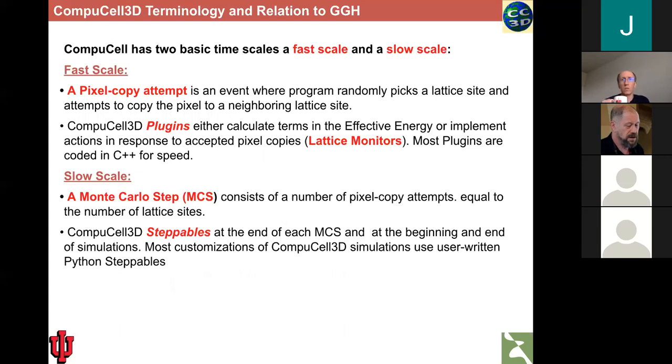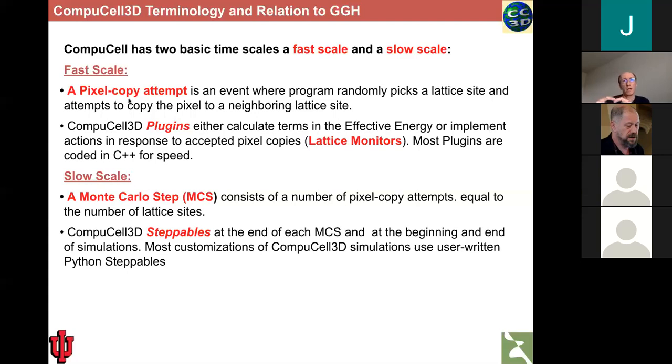So let's go over some terminology that you have probably encountered, but let me go over it again. A CompuCell simulation can be thought of as a simulation taking place at two scales: a fast scale and a slow scale. At the fast scale, we are talking about pixel copy attempts. We discussed this essentially.